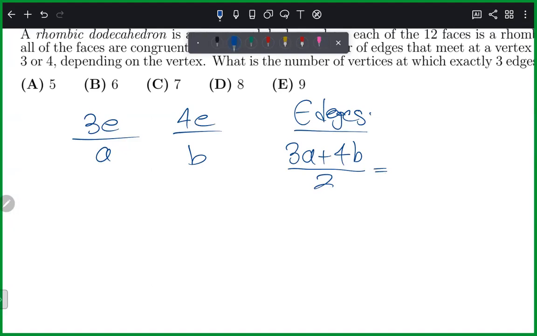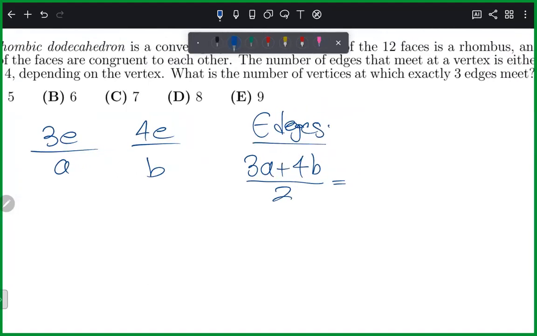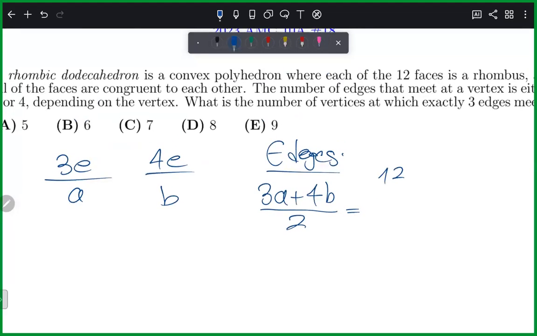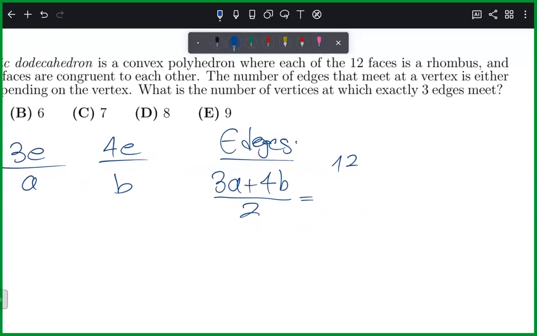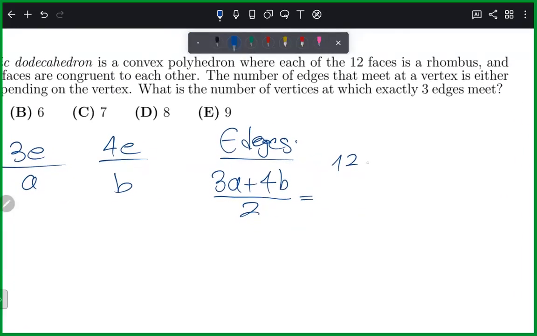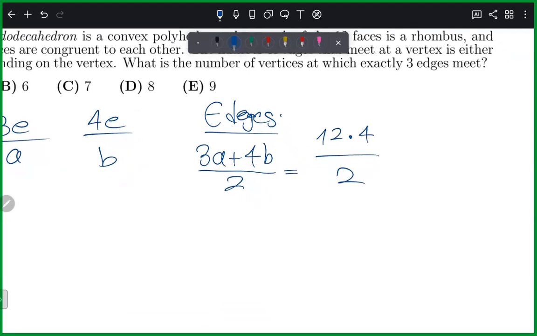This has to equal, we have 12 faces, 12 rhombuses, each has 4 edges, but each edge is counted twice because each edge is an edge of 2 different rhombuses. So we need to divide by 2, right? And then this is indeed 24.